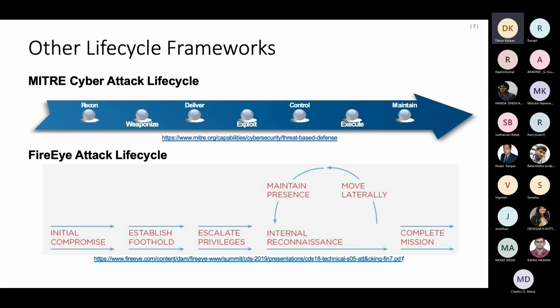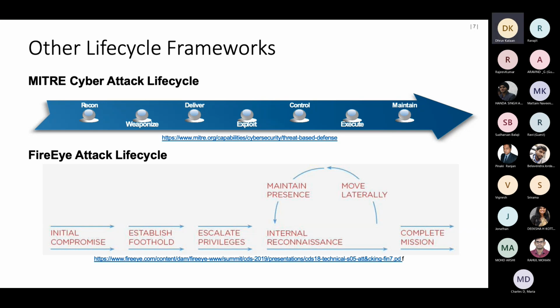The third one that we look at, or other life cycle ones that we look at, is that MITRE also had its own cyber attack life cycle that they define, and FireEye obviously has its own as well. They're just modifications over the standard kill chain that we talk about, but they basically just have a few steps here and there, and that's about it.